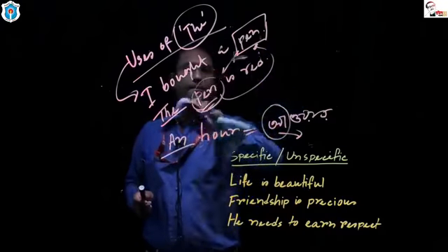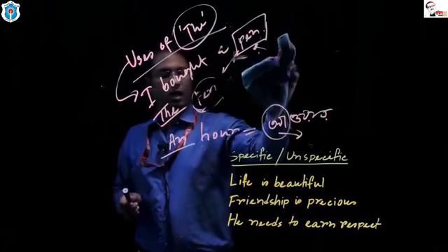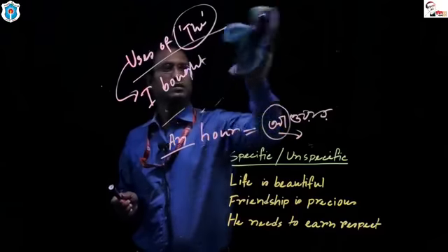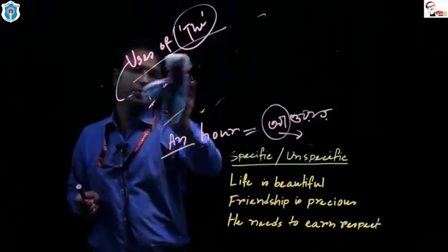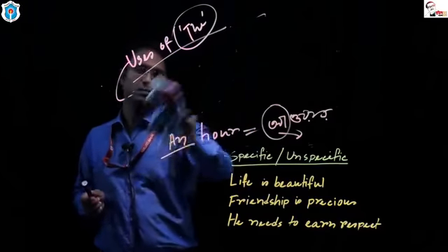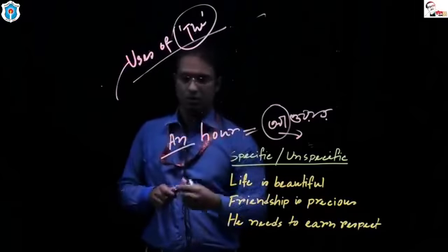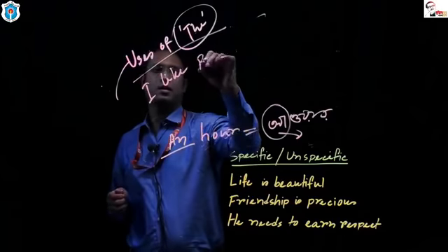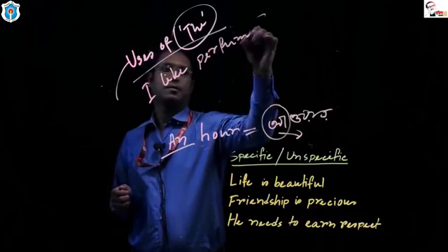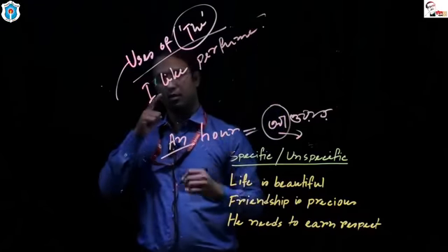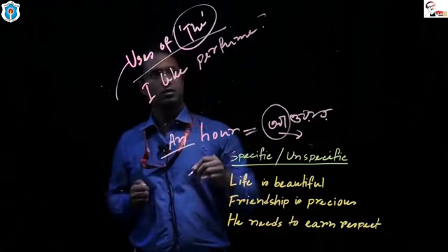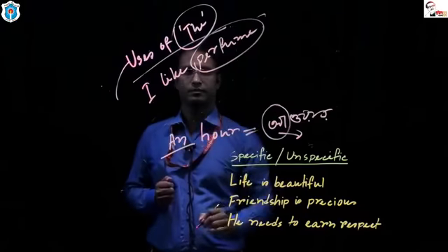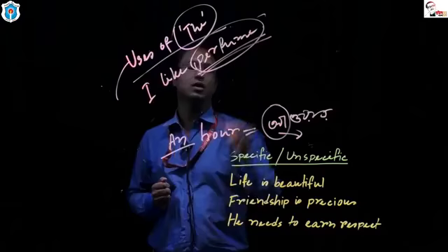Now let's have another example. I like perfume. Here this perfume is unspecific. That's why we are not using here the or the.